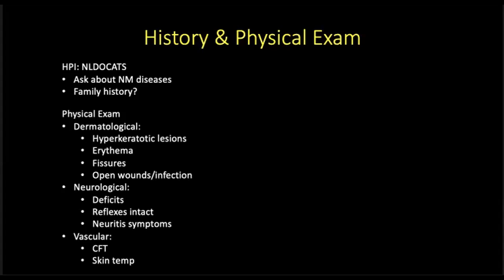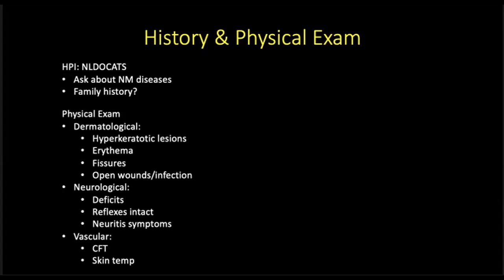It's very important to get a good history and physical examination, specifically in the HPI. You definitely want to ask your patient about any history of neuromuscular diseases, or if they are suffering from a neuromuscular disease, is there any sort of family history. Under your physical examination, look for any sort of callus patterns, whether you're noticing a callus dorsally at the PIPJs, or at the submetatarsals.